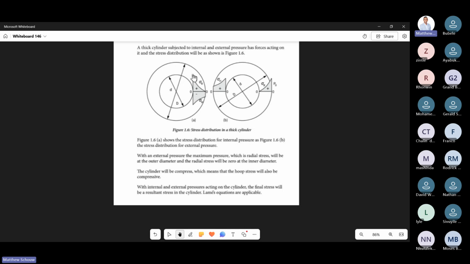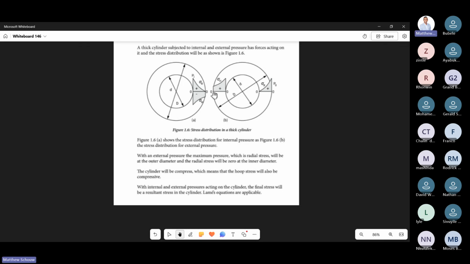This is internal pressure, so for external, again, it's 0 at the inner, and then maximum at the outer. Can you see the distributions are a bit different, right?